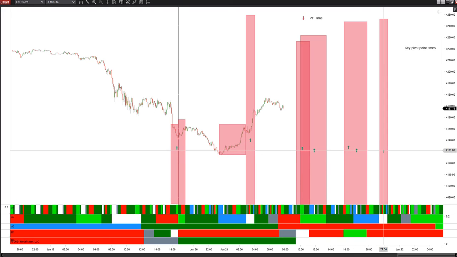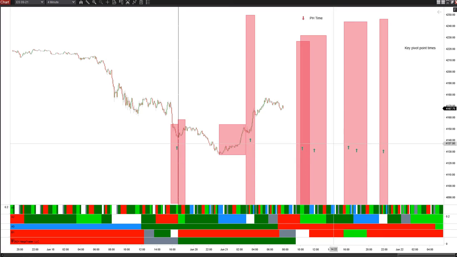We get another opportunity tonight at this window 21:20 to 22:24, so we've got about an hour window there with bright green on the A1 kicking in at about 21:54. So overseas guys, you can look for a trade up in that frame there.